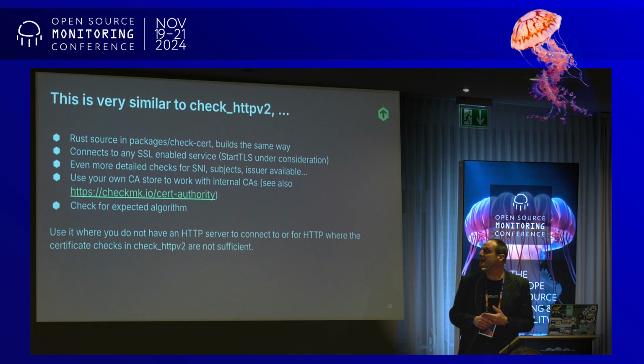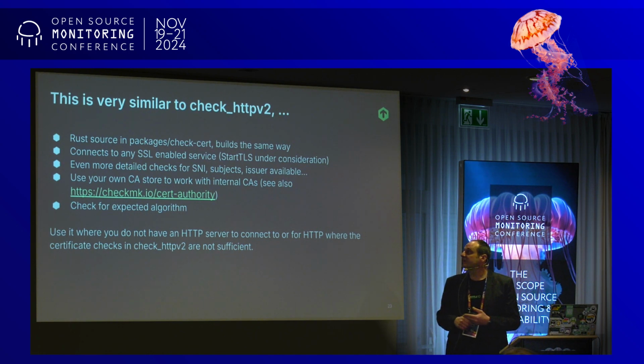For example, a check for a certain issuer can be quite important in some failover situations, where some CDN provider as issuer sometimes should be there and sometimes should not be there. You can add your own CA when working with internal CAs.